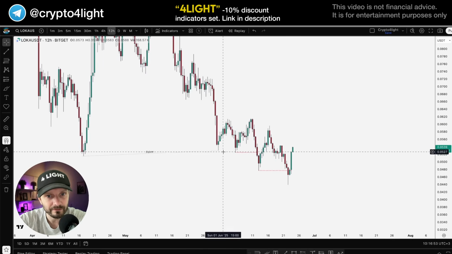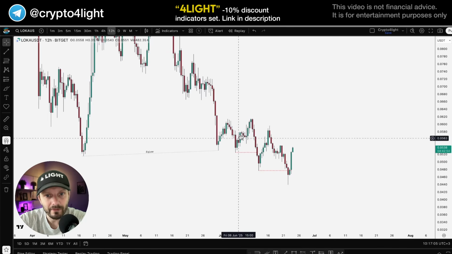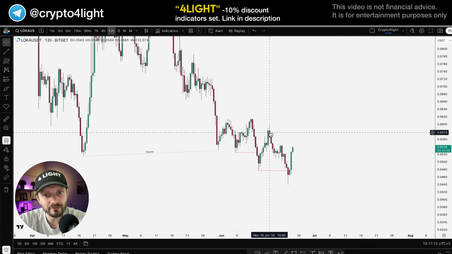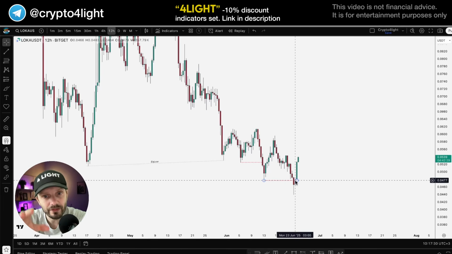We sweep this one, but not the main liquidity pool. Bounce, sweep the first and main liquidity pool. Drop, bounce, and form the third one. So basically, just 2 days ago, we formed the third wave. At this moment, this three drives pattern on the 12-hour time frame is valid.